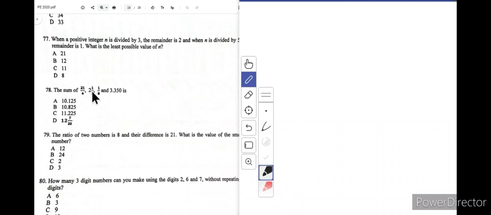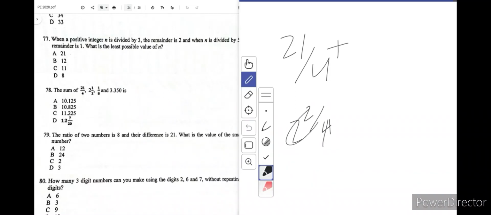Except for the mixed fraction here, 2 1 by 2, all other numbers can be directly put into the calculator. So what I would do is we have 21 by 4 plus 2 by 4. For 2 1 by 2, this would come as 2 into 2 is 4 plus 1 is 5, so 5 by 2.